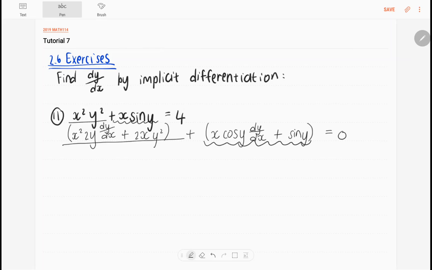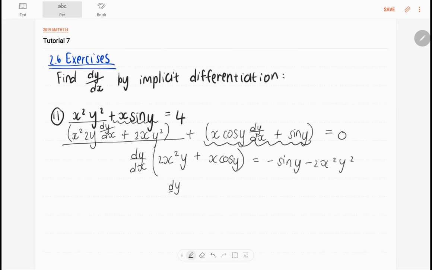And then we have the derivative of 4, which is a constant, so the derivative of the constant is just 0. Our next step is we want to make dy/dx the subject of the equation. So I'm going to say dy/dx, then I'm going to take out 2x squared y plus x cos y equals, and then I take the other two terms to the other side of the equal sign, minus sin y minus 2x squared y squared.